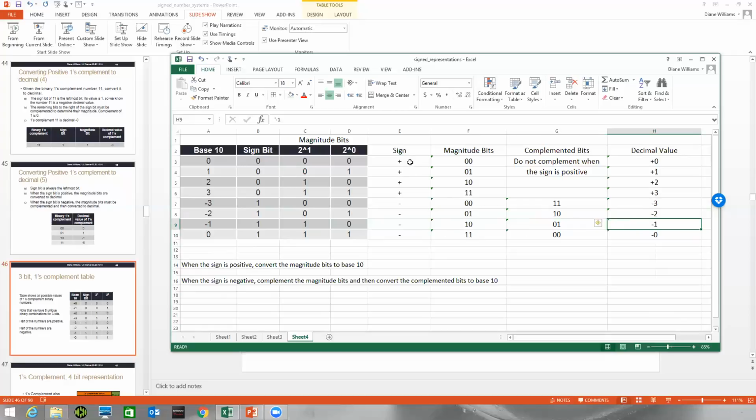We need to follow these steps. Whenever we convert from binary to decimal, we always look at the sign bit. And we know from the sign bit then, when the sign bit's 0, we got all these positive signs. When the sign bit was 1, we got all the negative signs. Then we look at the magnitude bits. So the remaining bits here were the magnitude bits.